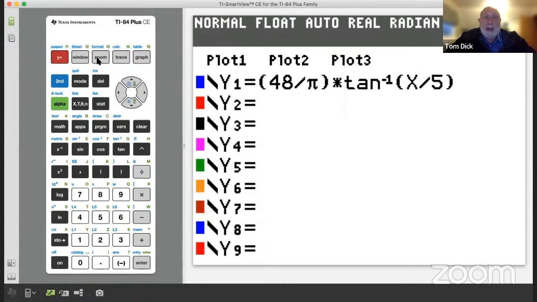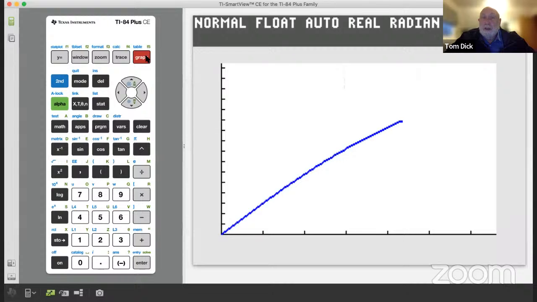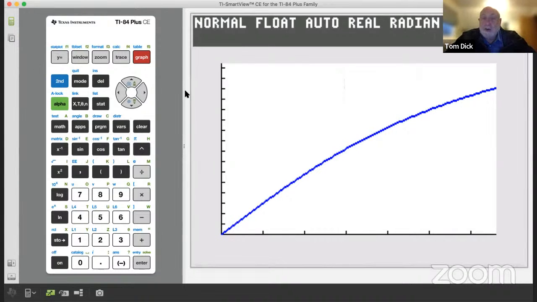Let me go back to the y equals and make sure I've got that activated. There we go. So this is a nice picture of the graph of the track. The train, I think, starts at the origin, moving along this track.